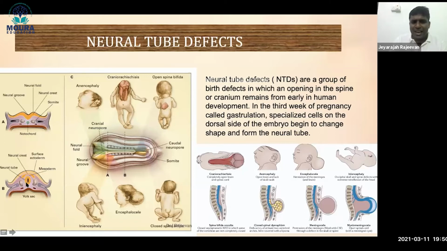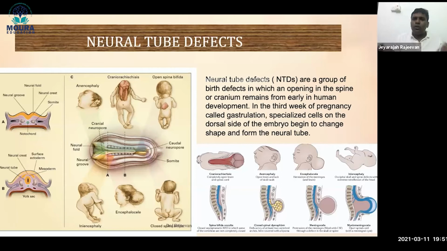So inside, as we know, centrally we are having a tube layer here, and that tube will continue as the brain and spinal cord. This brain and spinal cord will be covered with the meninges, we know, right?